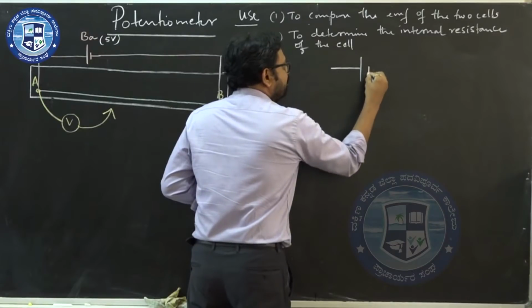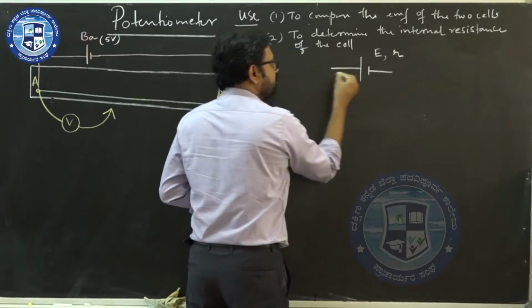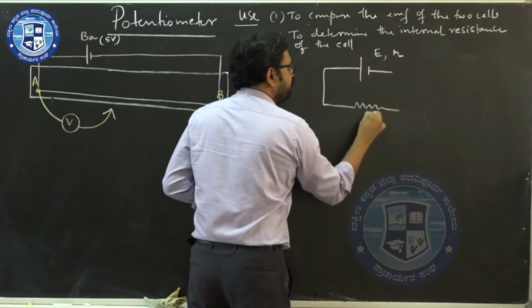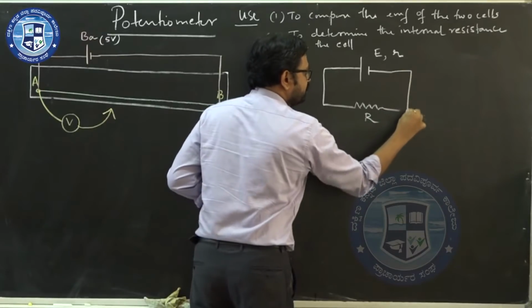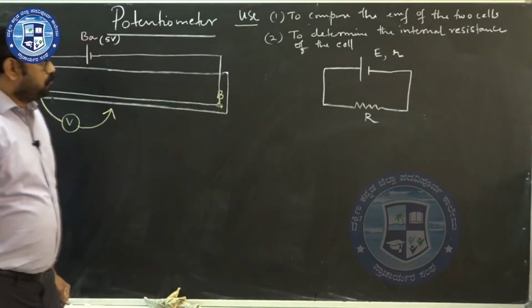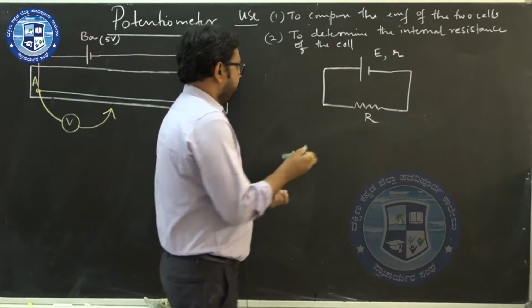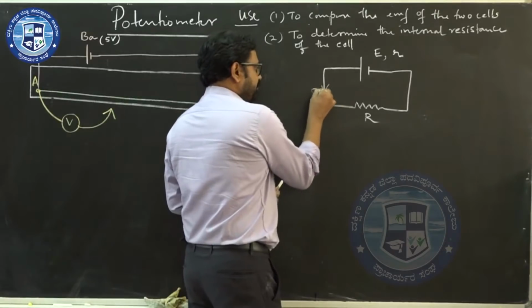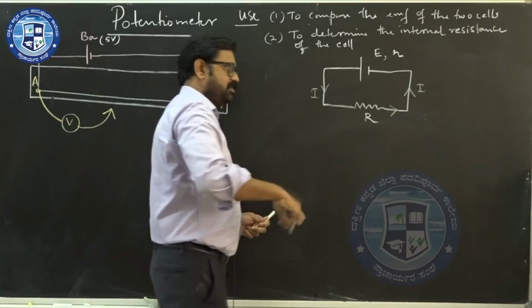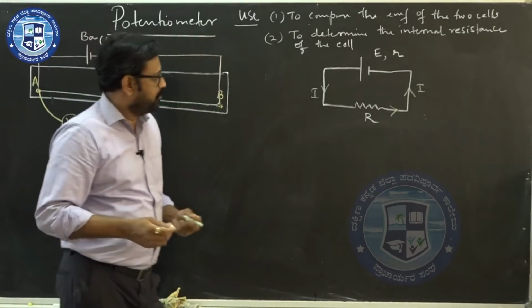Let us say there is a cell having an EMF E and internal resistance small r, and the positive terminal of the cell is connected to a resistor, and the other end of the resistor is connected to the negative terminal of the cell. Based on your knowledge, I can expect a conventional current I. Since it is a single branch, the current throughout it will be the same.